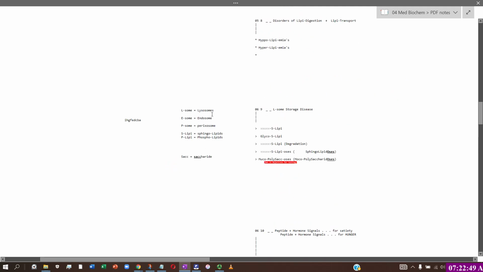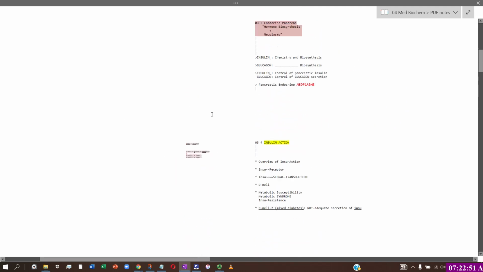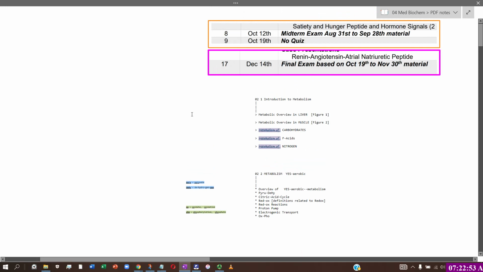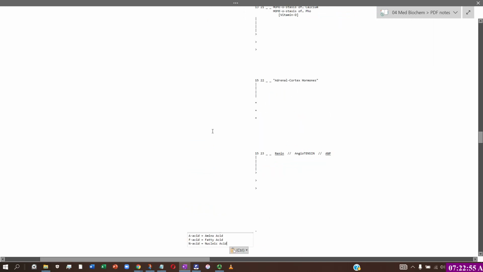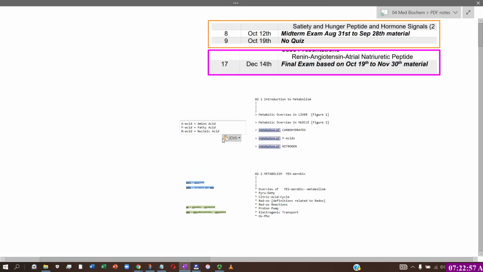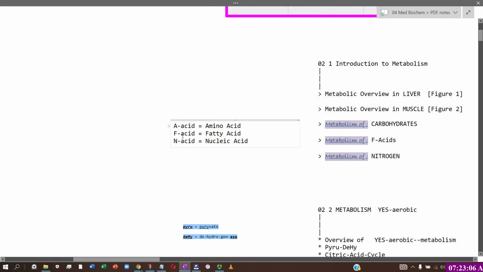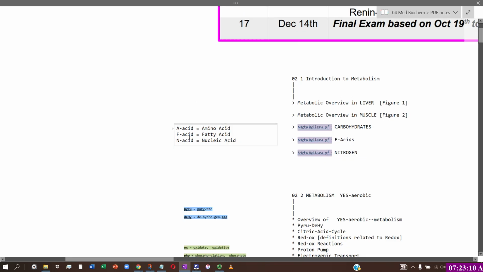We'll copy that over here so that it makes sense, but it's the exact same thing. So an A acid is an amino acid, F acid is fatty acid, and N acid is nucleic acid.